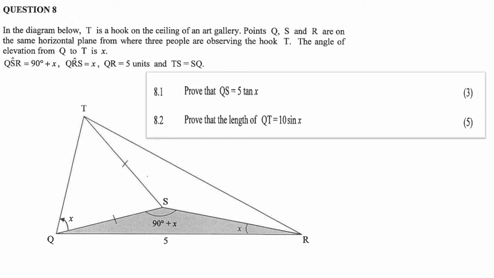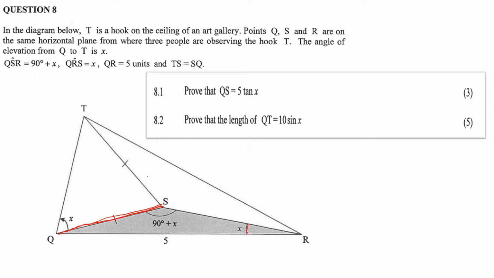All right, 8.1, they want us to prove that QS will be equal to 5 tan X. So we have to calculate the length of QS. How can we get QS? Which triangle can we use? I think the most detailed triangle is this shaded one. Because we are looking for QS, you ask yourself, is there an angle facing QS?